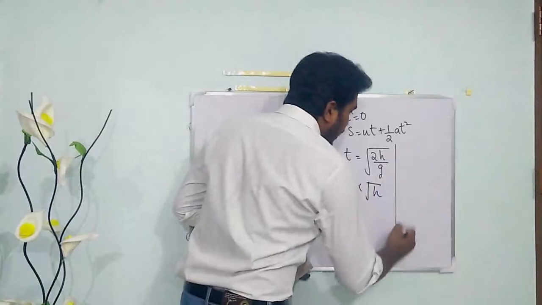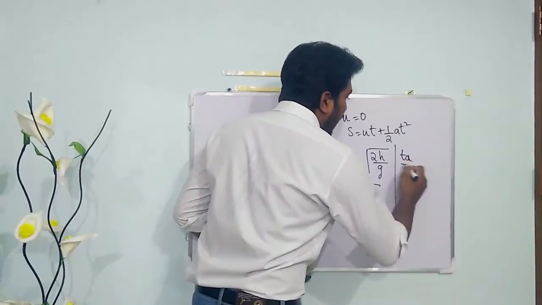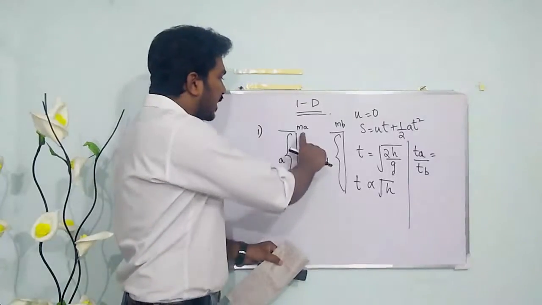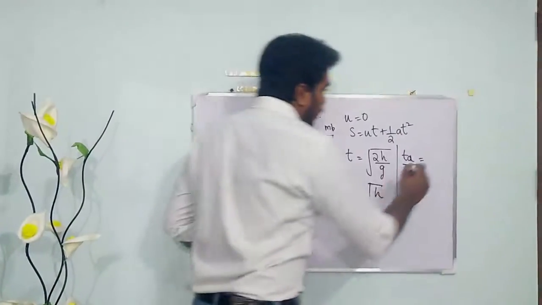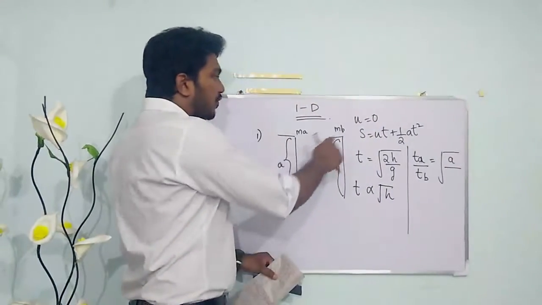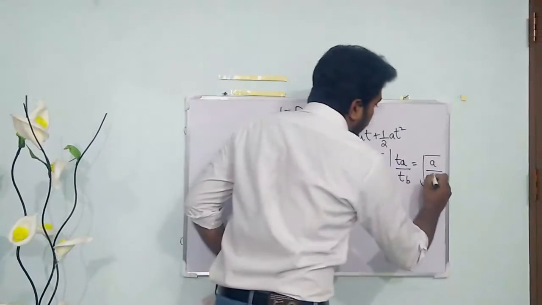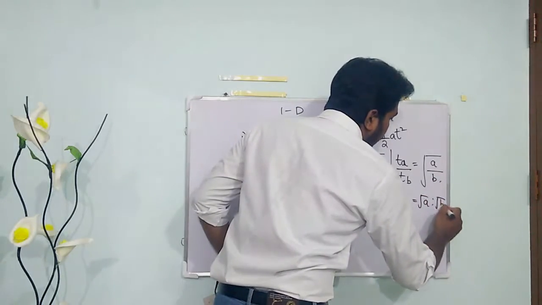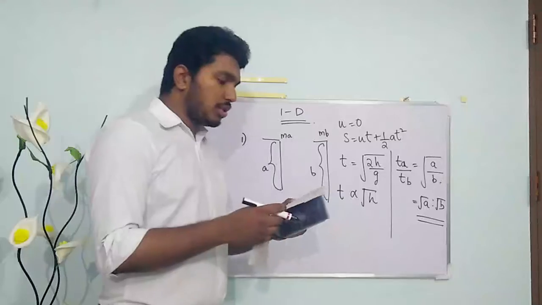So we can write ta by tb will be equal to, what is the height in case of MA? It's a. So root of a by, what is the height in case of MB? It is b. So the answer is root a is to root b. So what is the option?